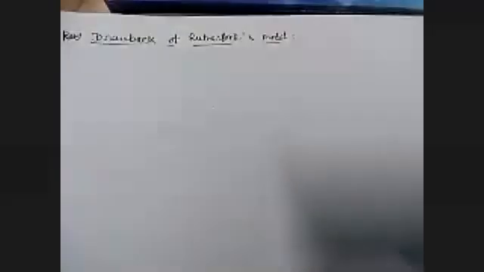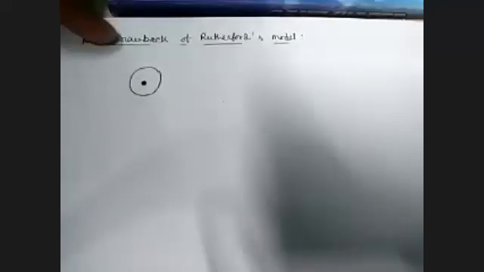Look here. What was the drawback? If this is the nucleus where protons are situated, then this is the outer side of the nucleus where electrons can be placed.